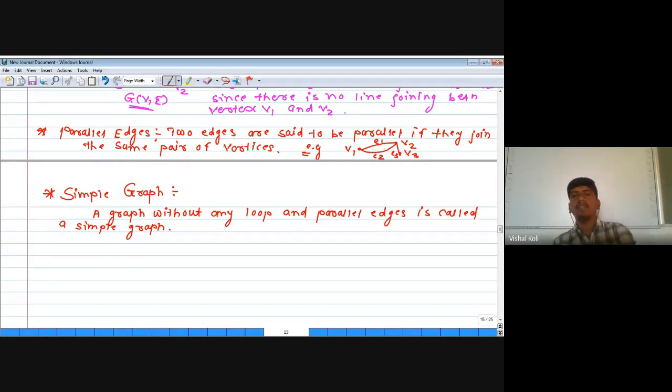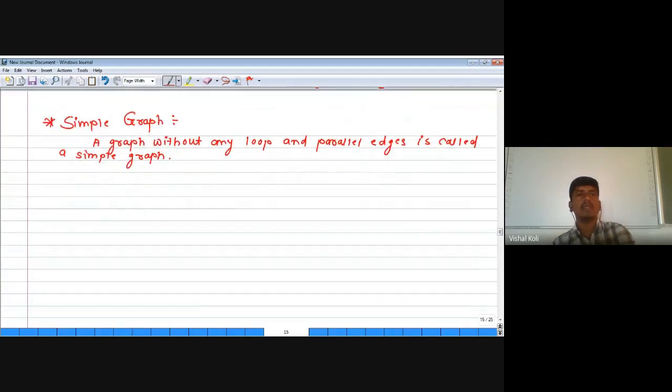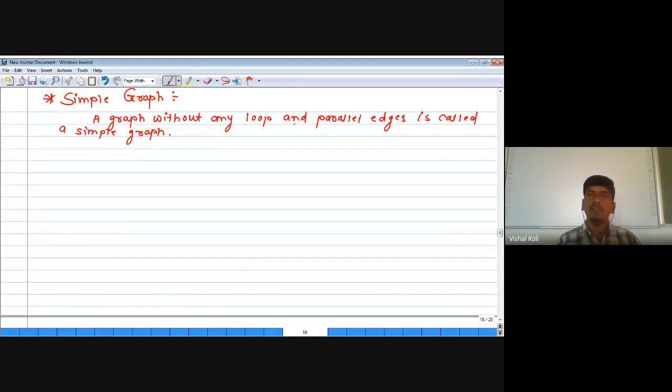Now we have to see what is the simple graph. A graph without any loop and parallel edges is called a simple graph.